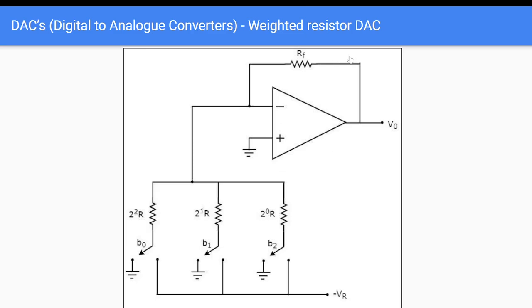So this is a weighted resistor DAC, and we are doing a 3-bit here. So 2 to the power 0 R, 2 to the power 1 R, 2 to the power 2 R. Whatever bit you close, that respective voltage will get into the inverting section of this op-amp.